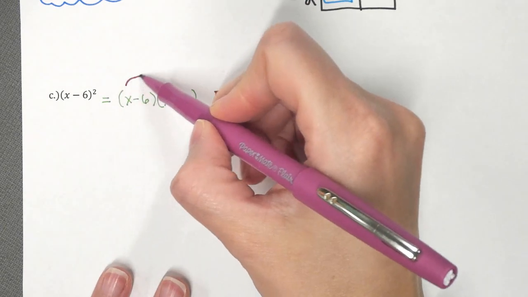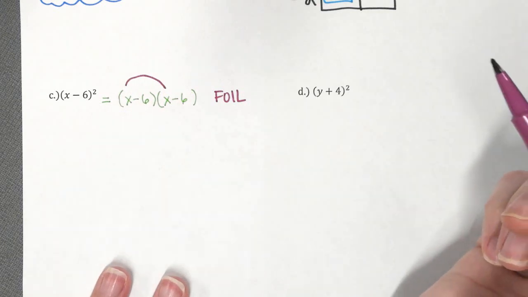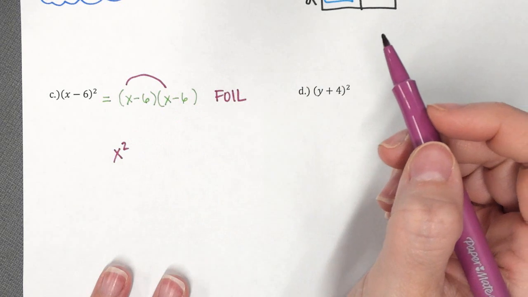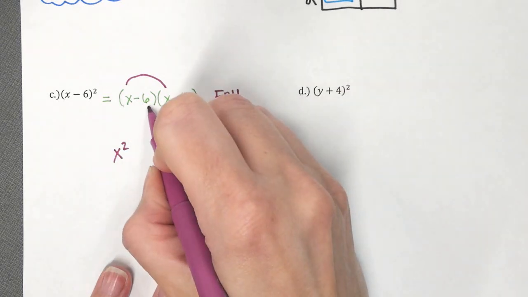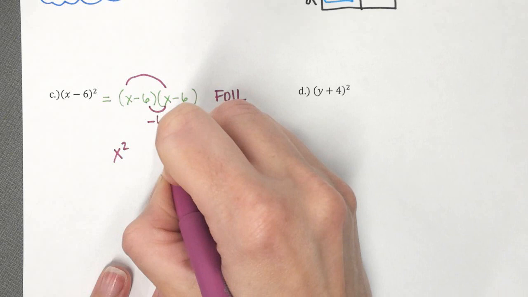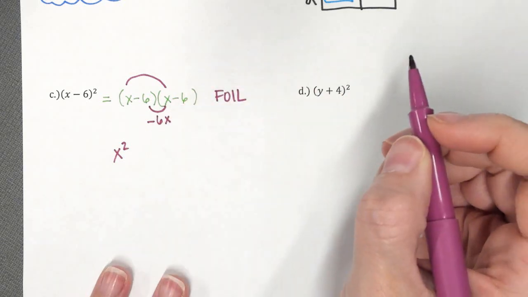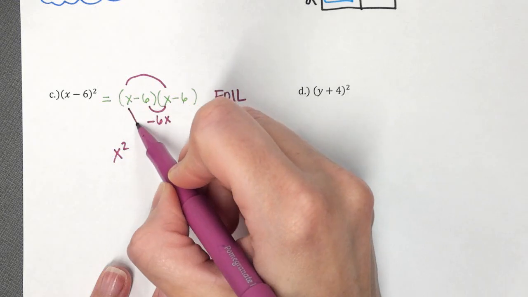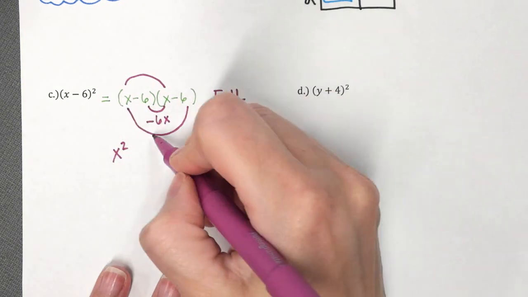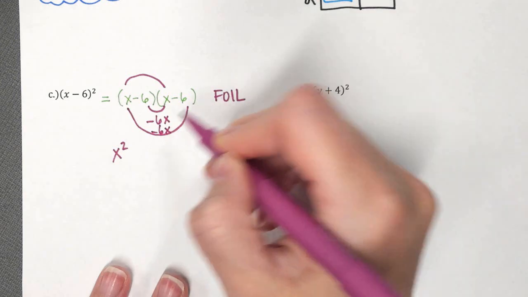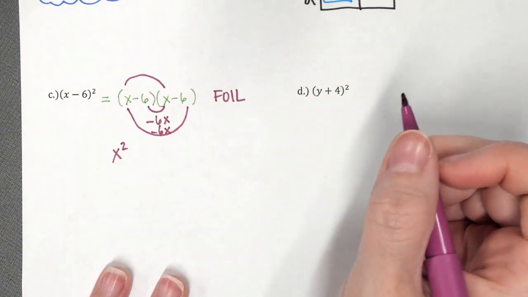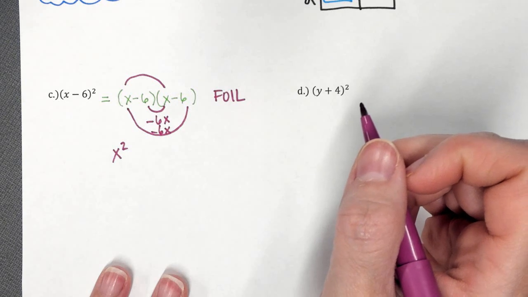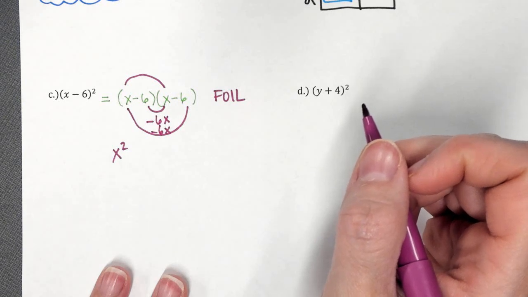Okay, so we're going to do x times x, which is x squared. And then negative 6 times x is negative 6x here. And then I have x times negative 6 again. So what's a negative 6 and minus 6? Nope, that would be if you have plus.